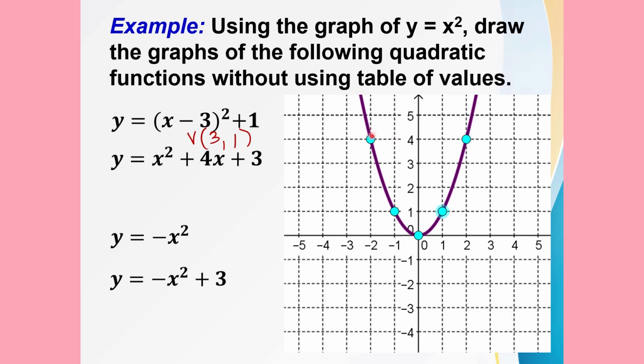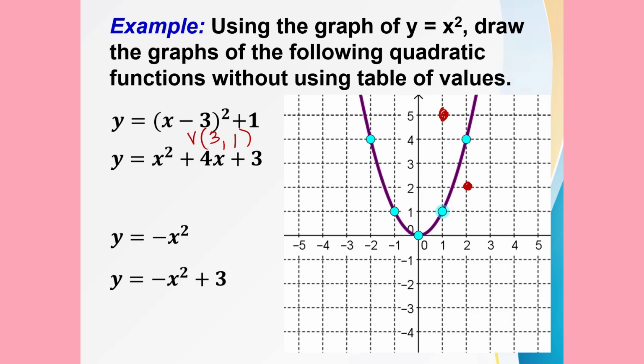Now, let's start with the leftmost point. So first point, move 3 units to the right, 1, 2, 3, and then 1 unit upward. So here is the point. Next point, move 3 units to the right, 1, 2, 3, and then 1 unit upward. So draw here the point.